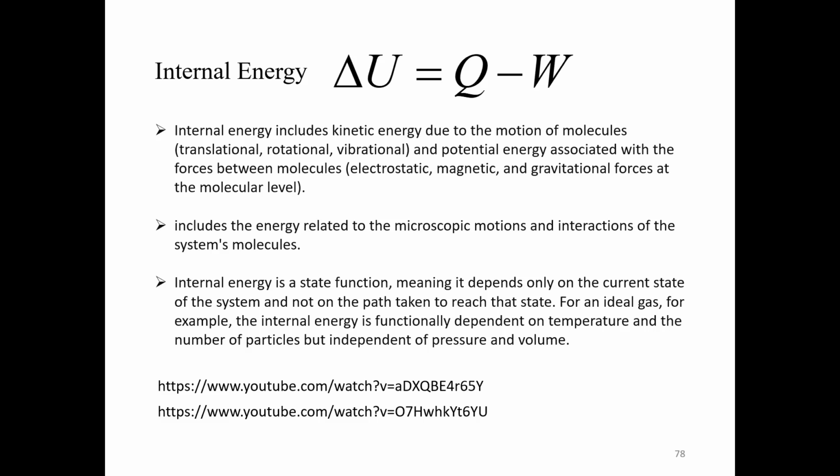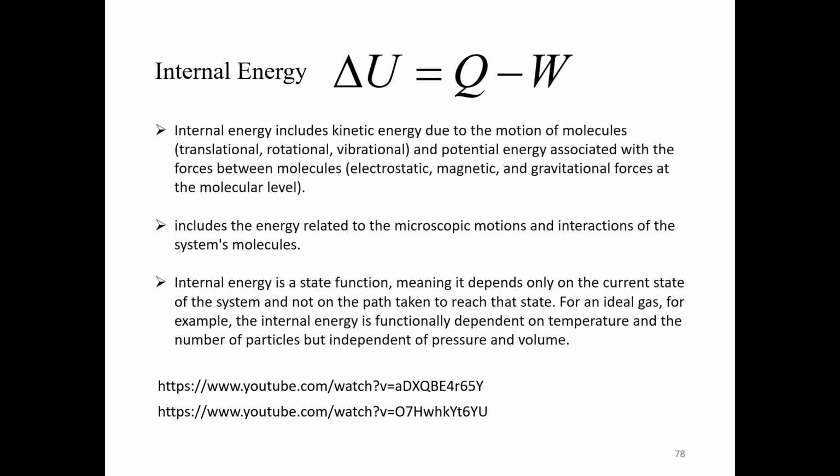Okay, now let's talk about the internal energy, right? The internal energy includes the kinetic energy due to the motion of molecules. Internal energy means basically all the kinetic and potential energy. When we go to the microscopic level, there are translational energy, rotational energy, vibrational energy, and all of that energy, plus all the energy associated with forces between molecules.